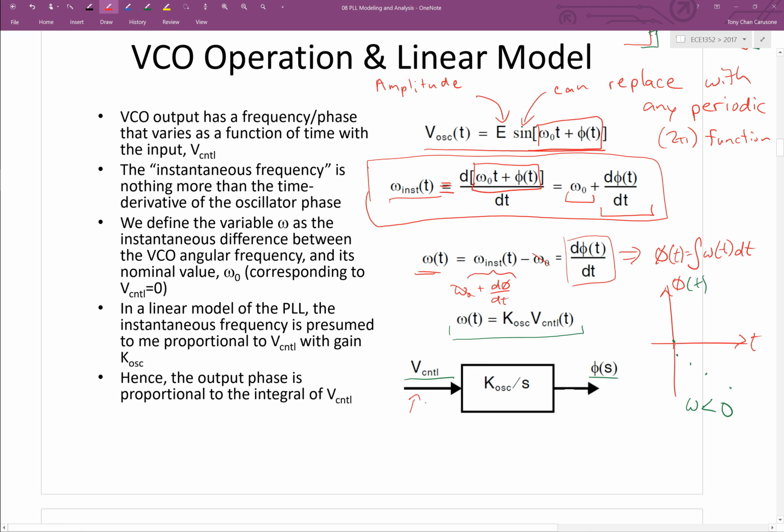So if V control has units of volts, phi should have units of radians. K os, because it relates voltage to angular frequency, should have units of radians per second per volt.